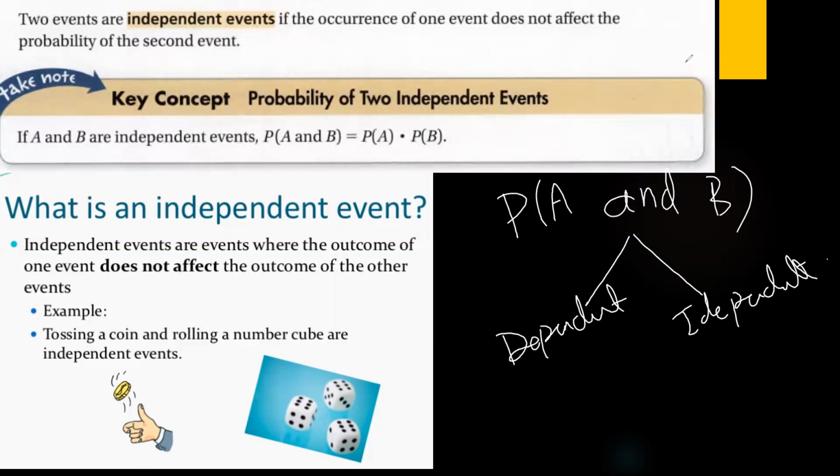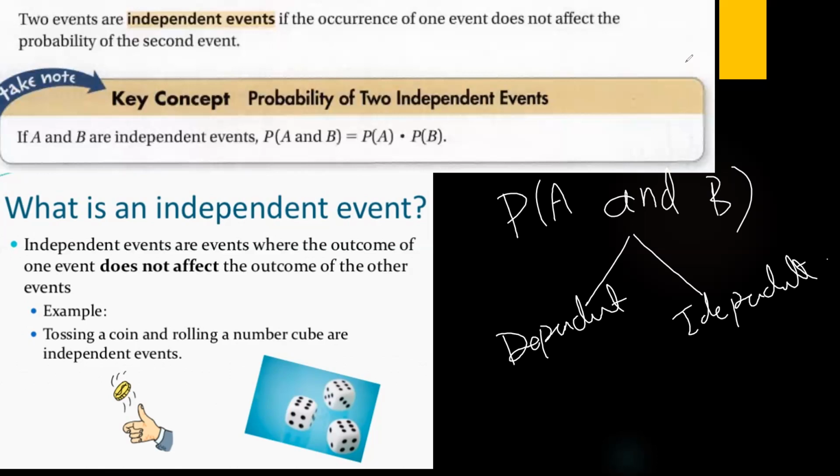Independent events mean that the outcome of one event does not affect the outcome of the other event, such as tossing a coin and rolling a number cube. If I choose heads, it doesn't affect whether I choose number 6 on the number cube.